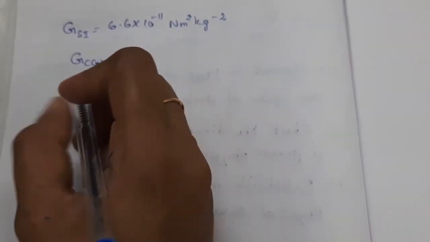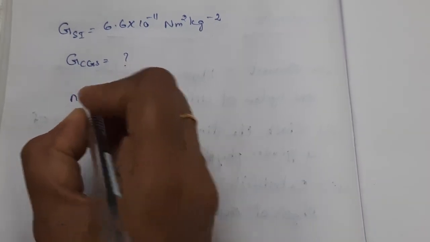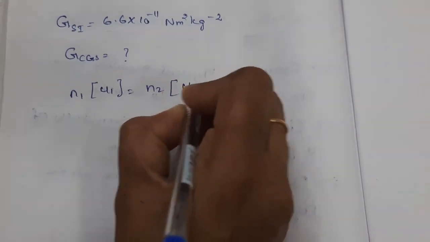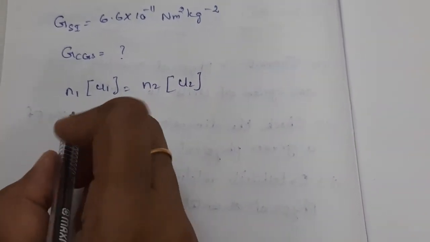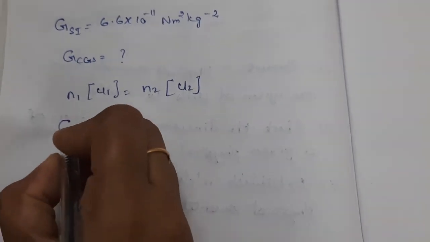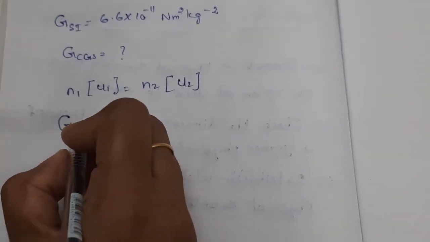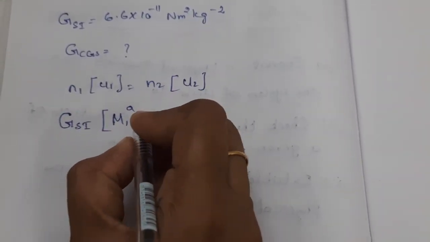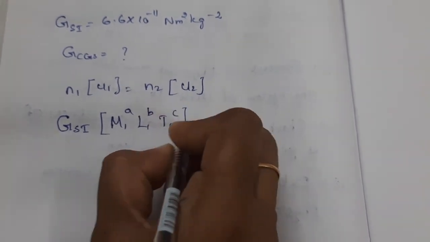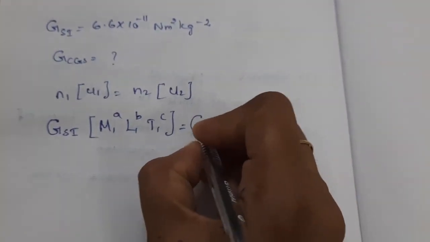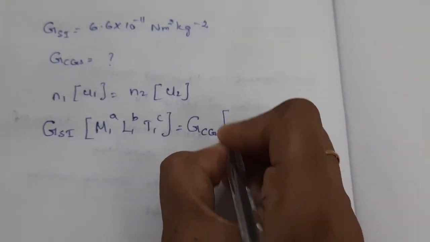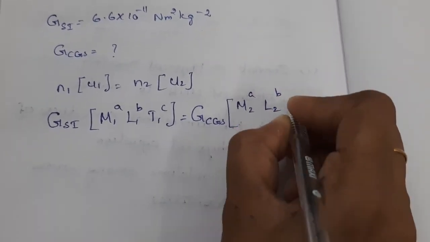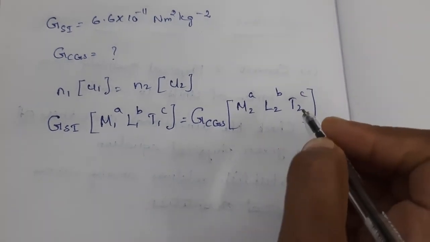So what is the formula we are using? n1 u1 is equal to n2 u2. Or else we can write G_SI M1 power a L1 power b T1 power c is equal to G_CGS M2 power a L2 power b T2 power c.